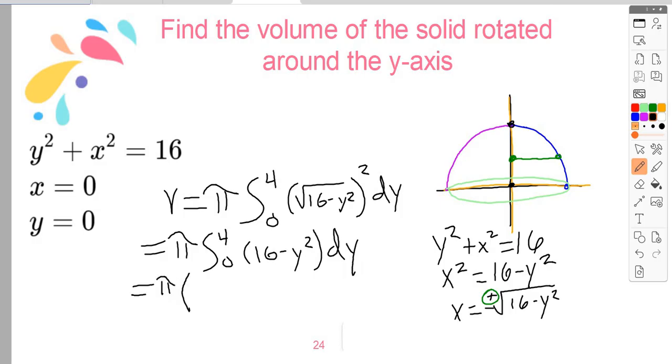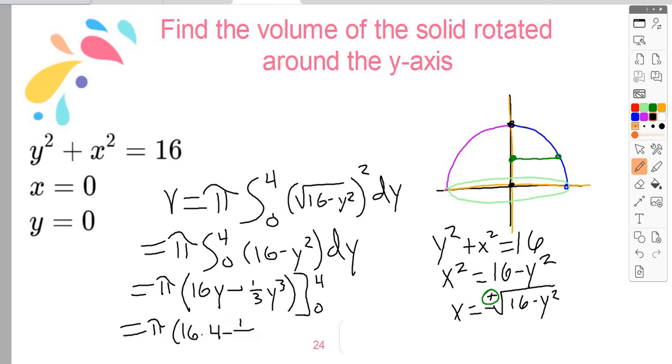What is the antiderivative of 16 minus y squared? 16y minus 1/3 y cubed. And we're going from 0 to 4. So I have pi times 16 times 4 minus 1/3 times 4 cubed minus, what do we get when we plug in 0? 0.